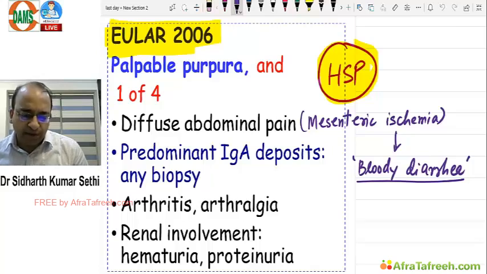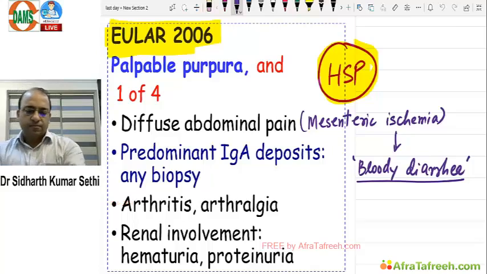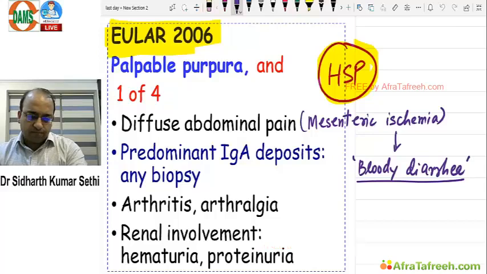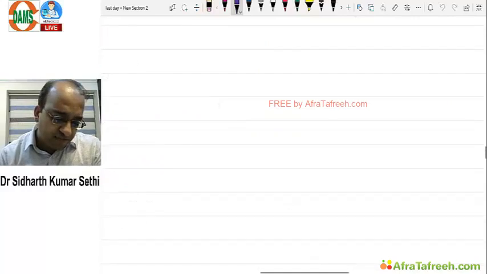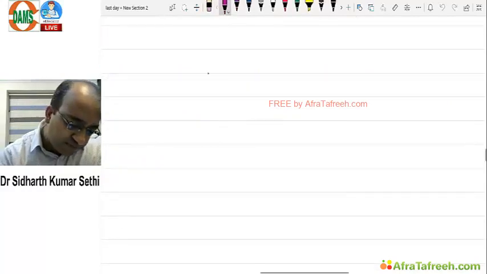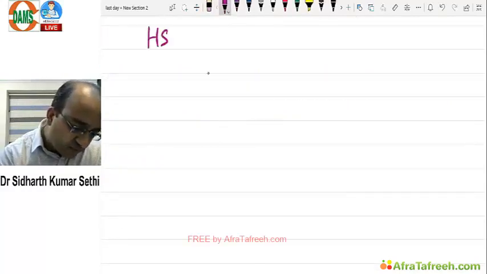Okay, cool. Can I take you to the next page? Cool. So kidney, guys, is involved almost in 30 to 50% of cases.